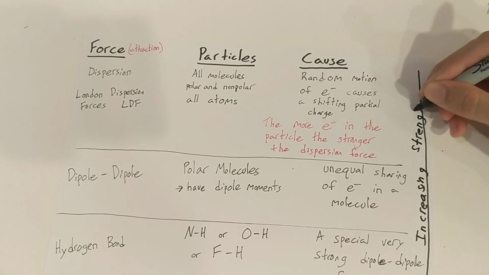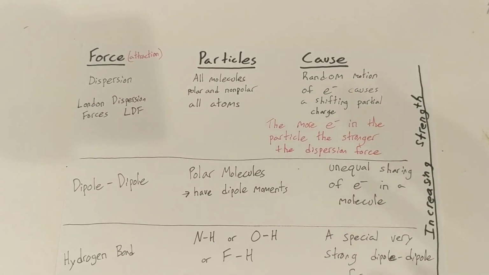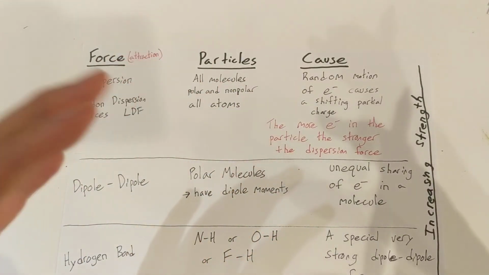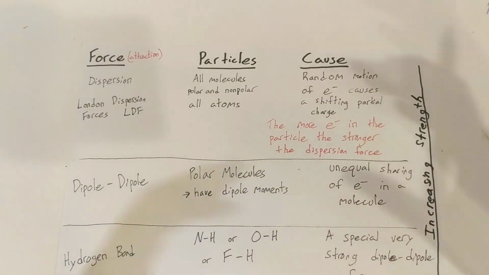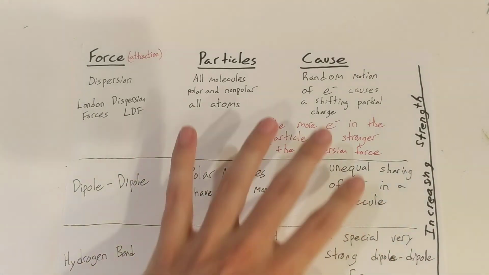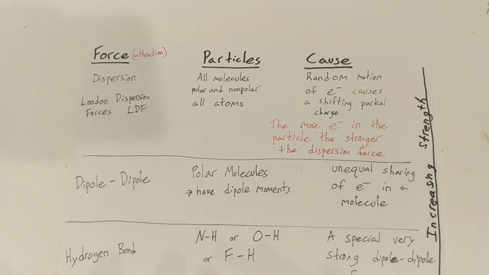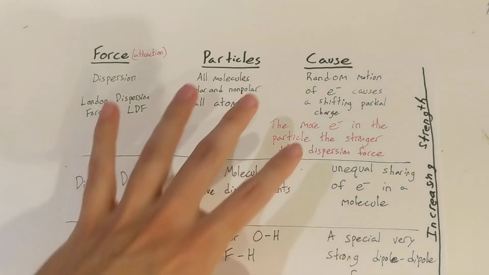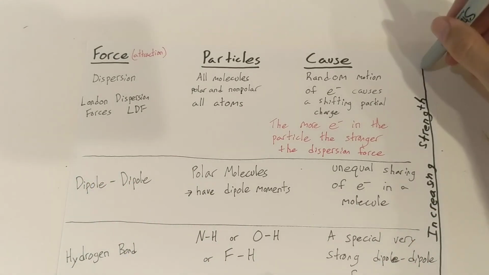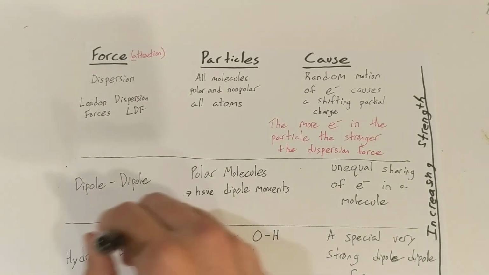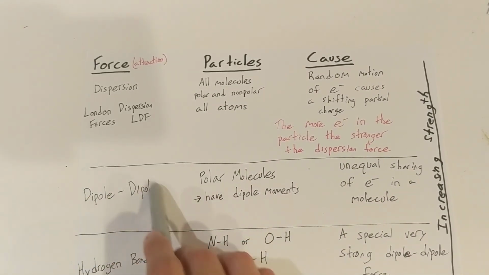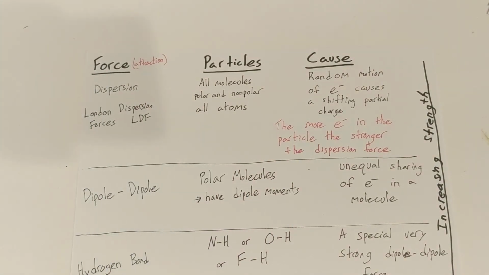And again, this is a generalization because you can imagine dispersion forces, if you have a huge number of electrons, if you have a very, very large molecule, dispersion forces can sometimes get pretty strong. But in general, if we're dealing with regular or kind of smaller size molecules, the strength will increase towards hydrogen bonding being the strongest, dipole being a little bit weaker, and dispersion forces being the weakest in general.